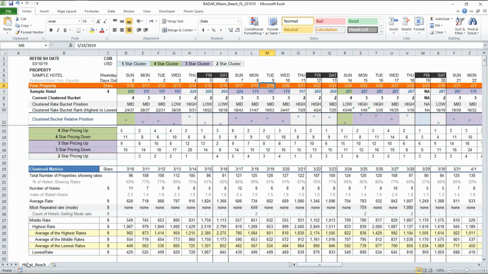Therefore, reading from the top to the bottom, if we take March 19th as an example, you can see that the rate of $197 puts the rate in the 3-star bucket. It's in the middle third of that bucket, and it is the 19th most expensive rate out of 53 within the 3-star bucket.